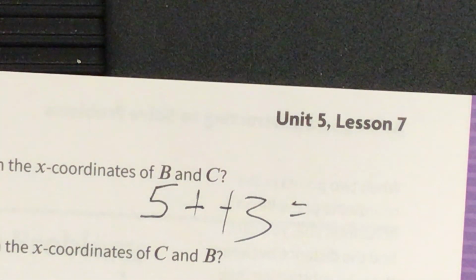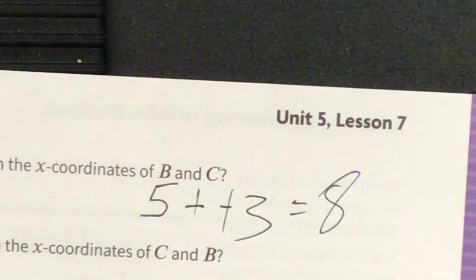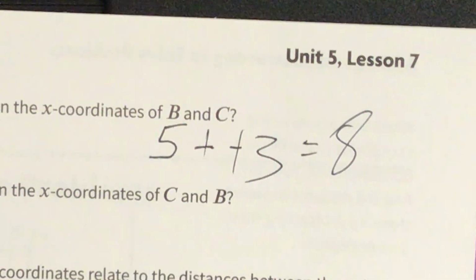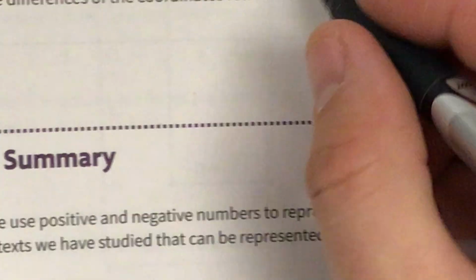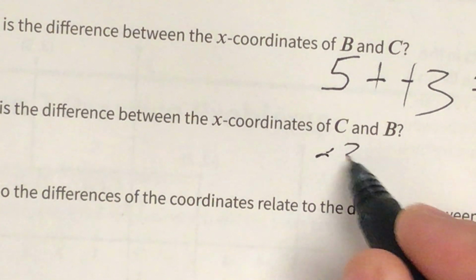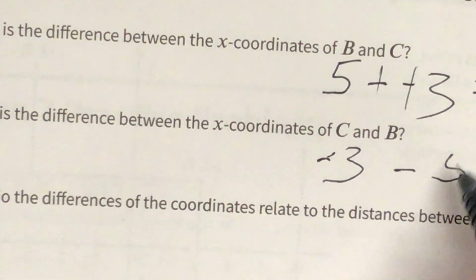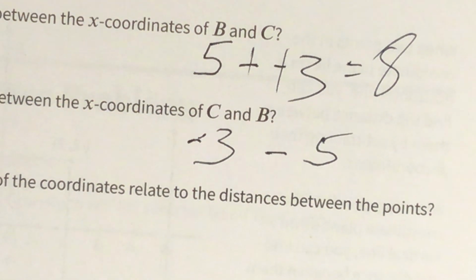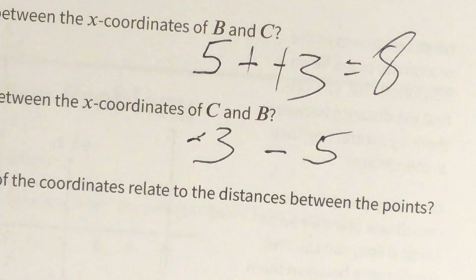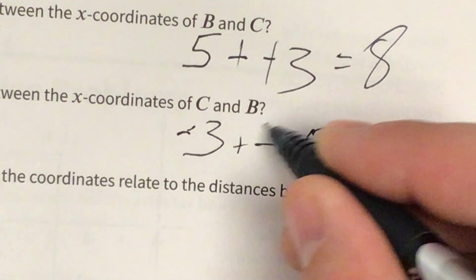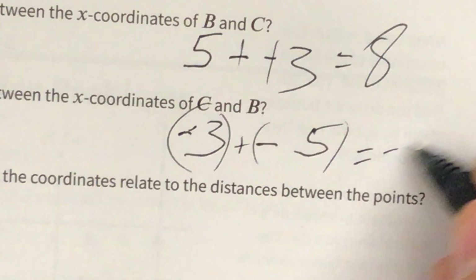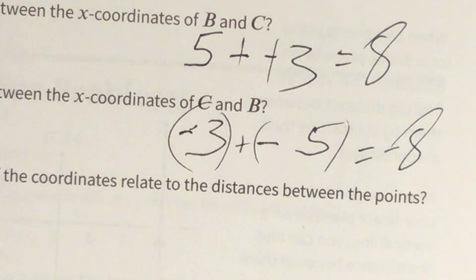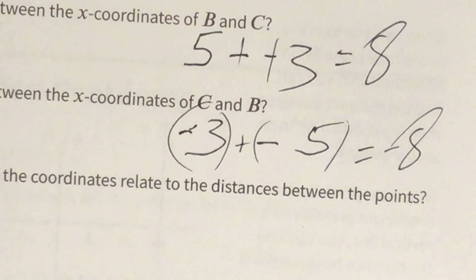You add. 8, yes. All right, now it says C and B, so it's the exact opposite, right? C was negative 3 minus B. What do you think that one's going to be? The exact opposite. Negative 8. Which makes sense.